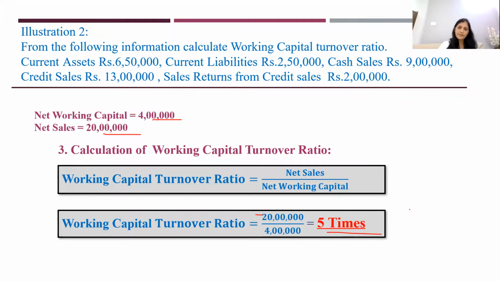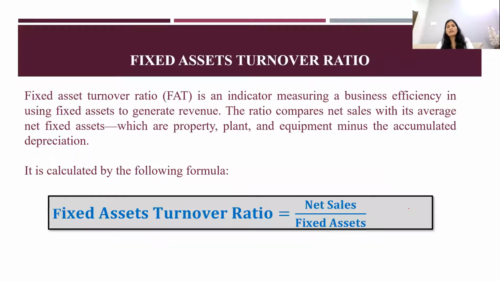Finish doing this, we'll go for the next one. Take down fixed assets turnover ratio. Fixed assets turnover ratio, FAT we call, is an indicator measuring a business's efficiency in using fixed assets to generate revenue. The ratio compares net sales with its average net fixed assets.